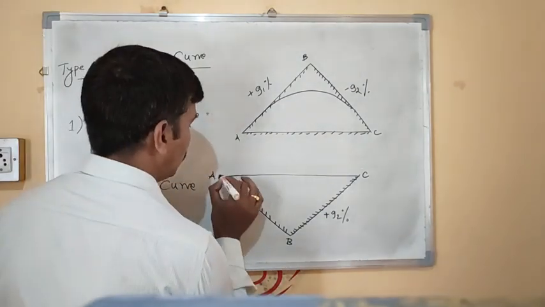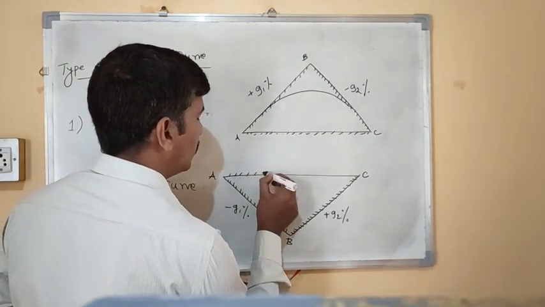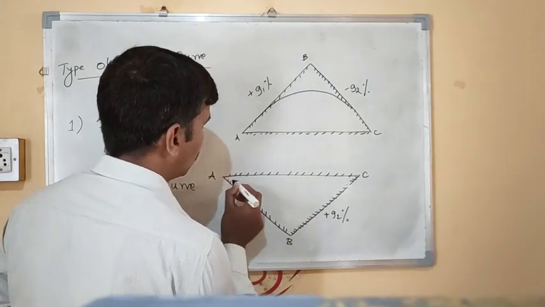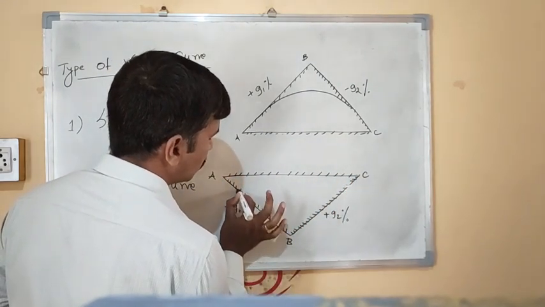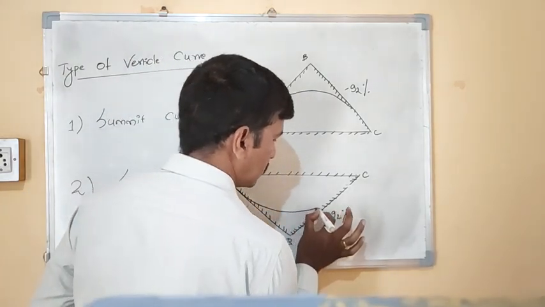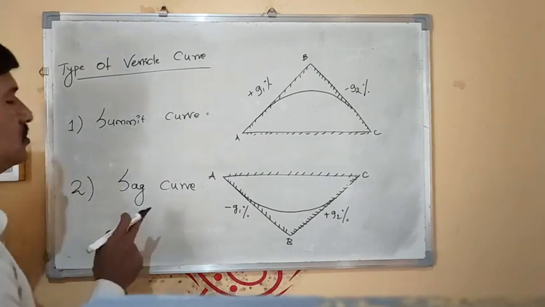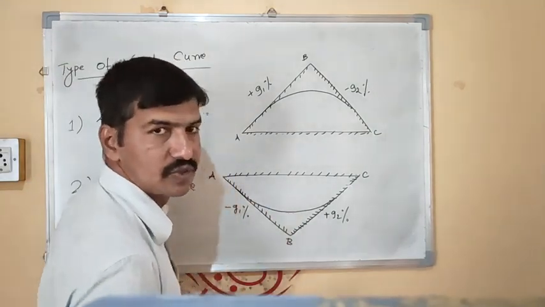Now to join these two gradients, we have to draw a smooth curve. So let us draw a smooth curve like this. This will become your sag curve.